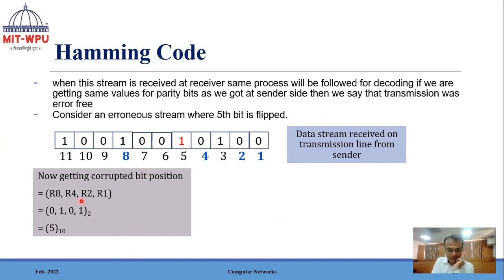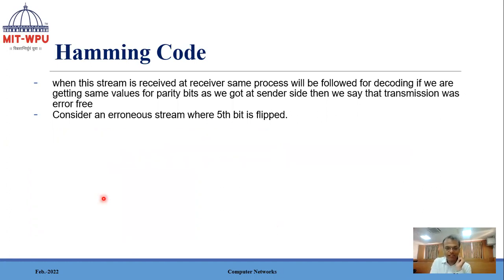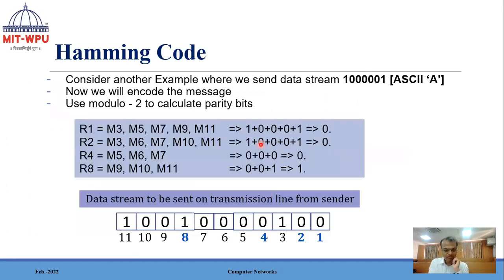For calculating the new set of R8, R4 and so on, you just have to recalculate these, and for R1, R2, you again follow the same rule.